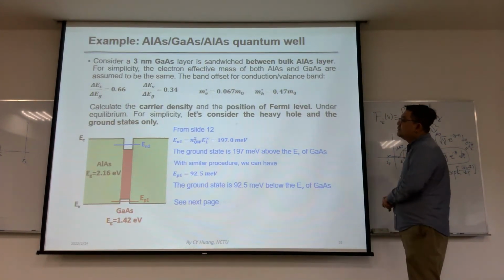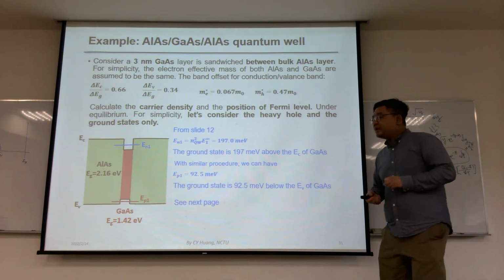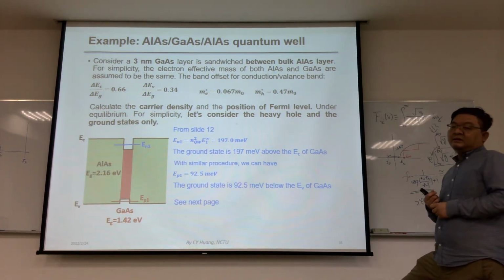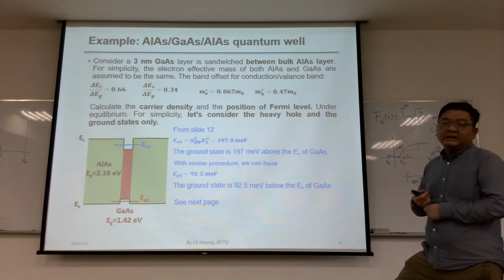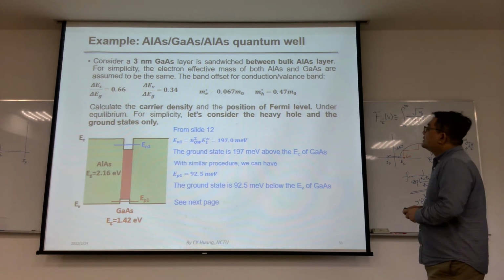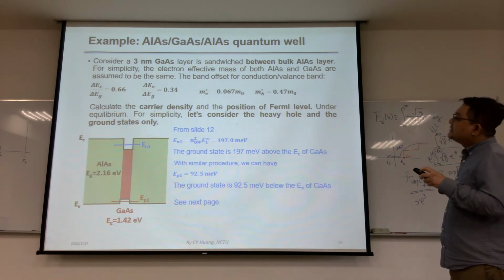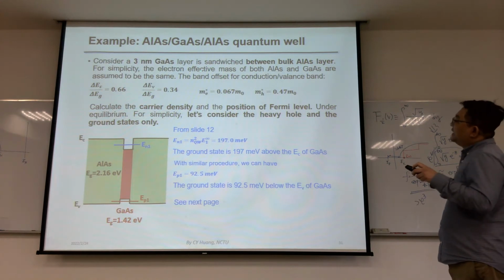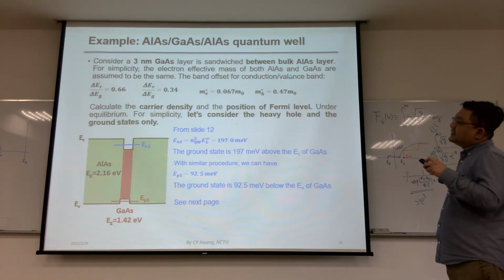Alright, so here's the real calculation about evaluating the energy absorption for the quantum well. Let's consider a 3 nanometer gallium nitride sandwiched between bulk aluminum gallium nitride.